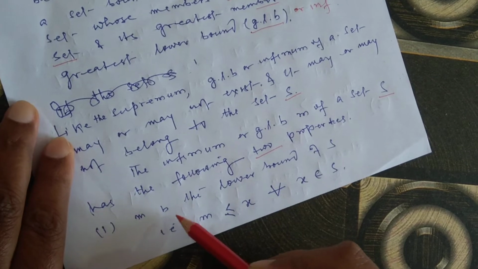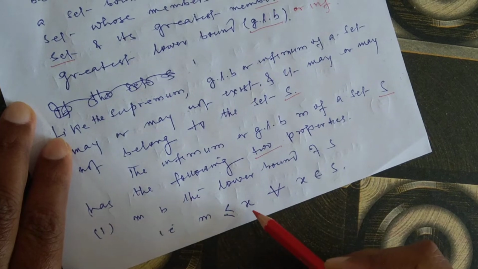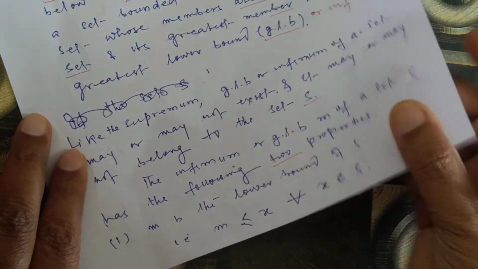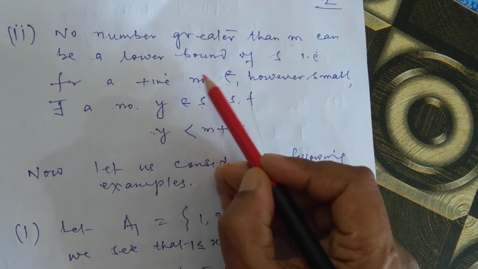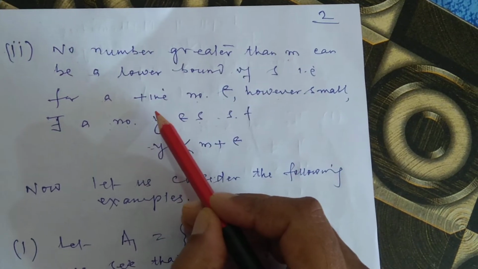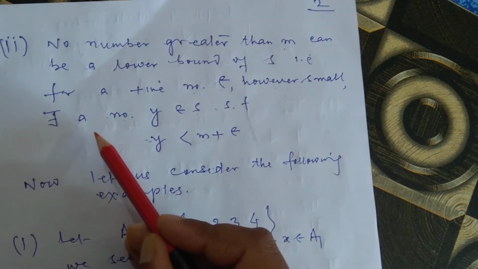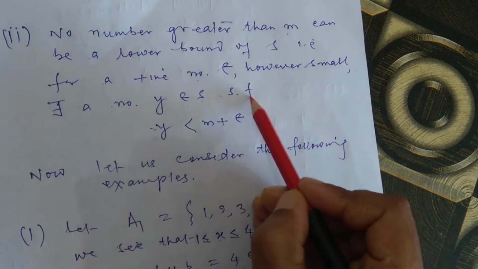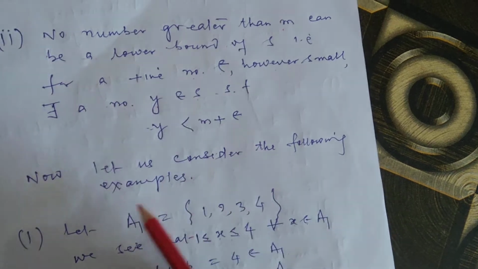Number one, M is a lower bound of S, that is, M is less than or equal to x for all x belongs to S. Number two, no member greater than M can be a lower bound of S, that is, for a positive number epsilon, however small, there exists a number y belongs to S such that y is less than M plus epsilon.